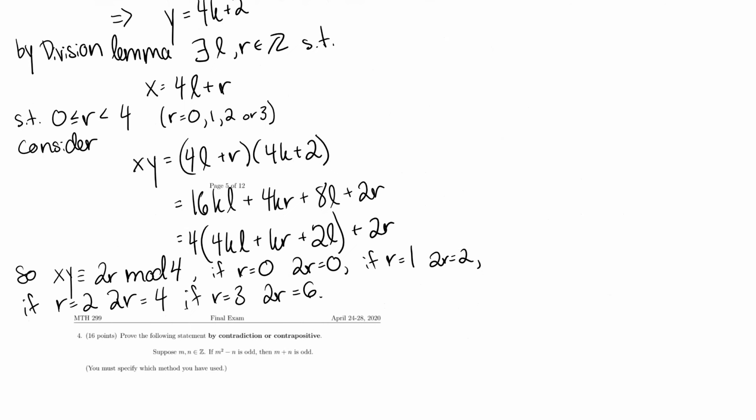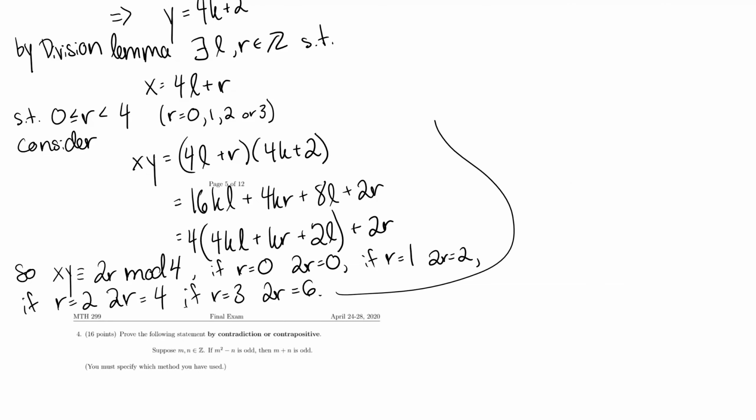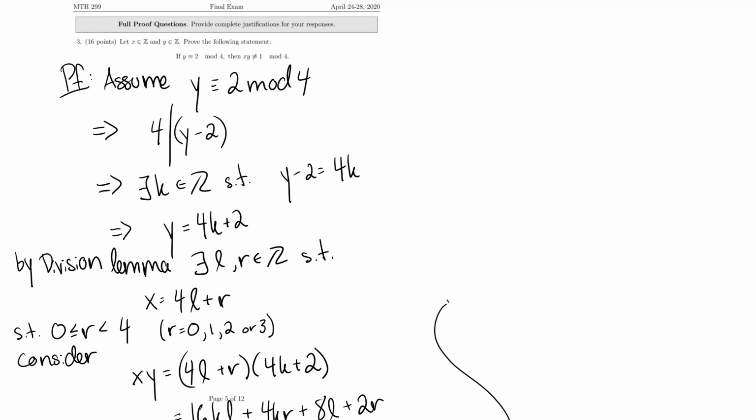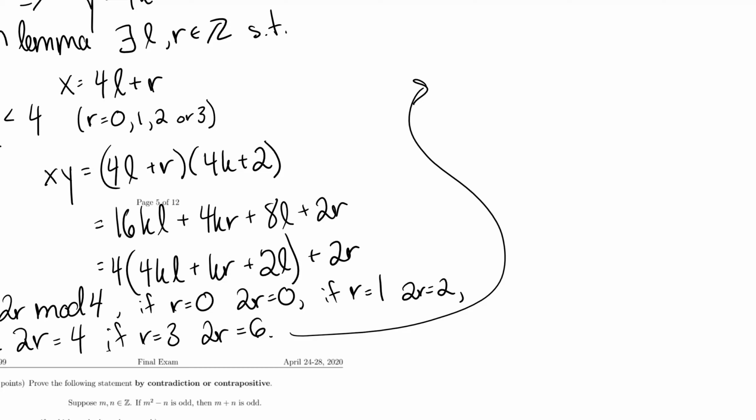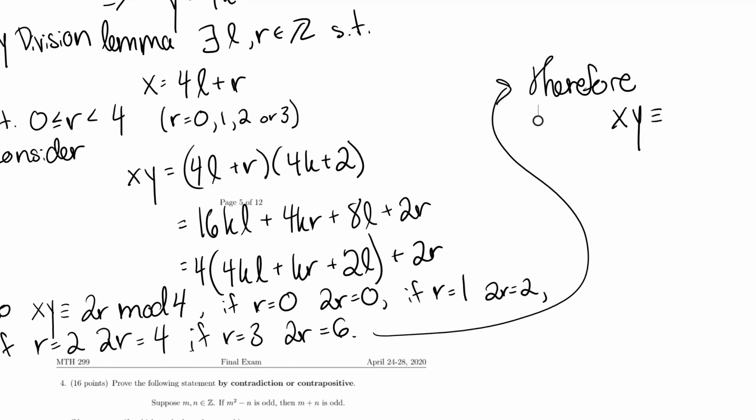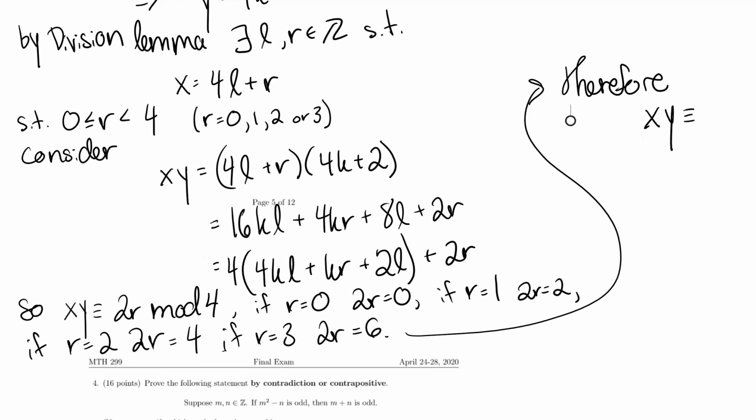Okay, I write so big, maybe I'll just move over here. Therefore x times y is equivalent to, what did we get? We either get 0 or 2, right? Because 0, 2, 0, 2, yeah.